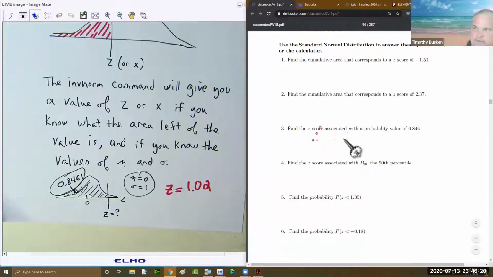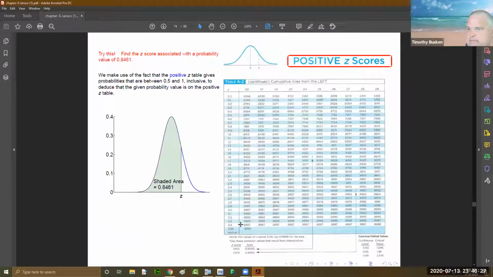Find the Z-score that has a probability of 0.8461. If you had to use the Z table to find that, we're going to make use of the fact that the positive Z table gives probabilities that are between 50% and 100%, to deduce that the given probability value is to the right of 0, or on the positive Z table.